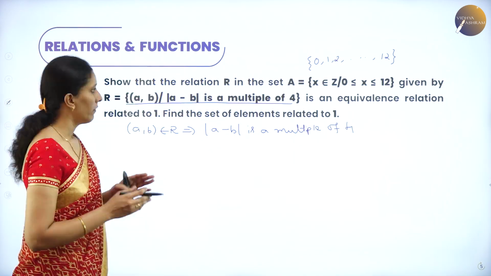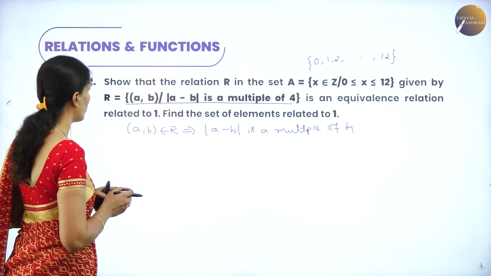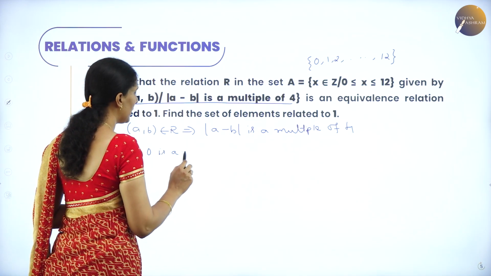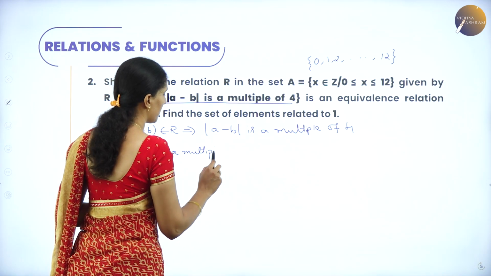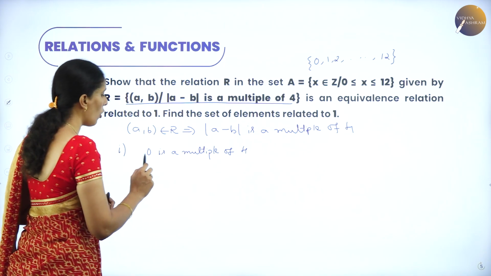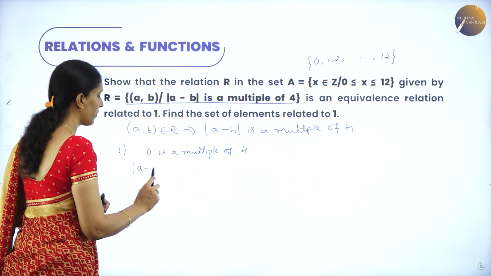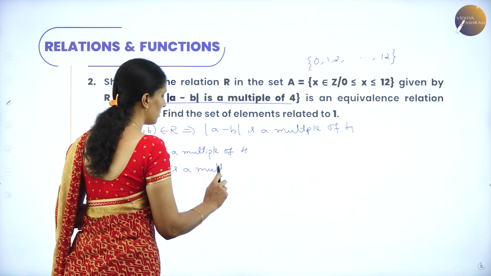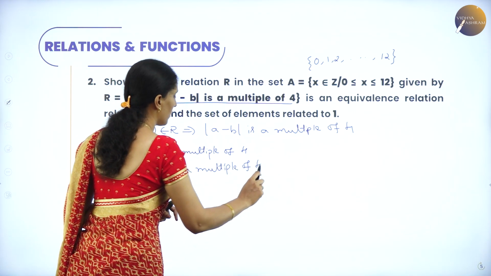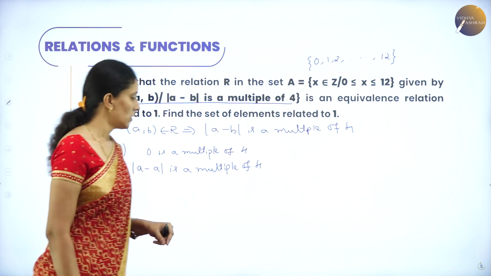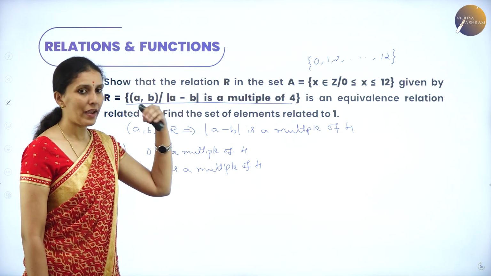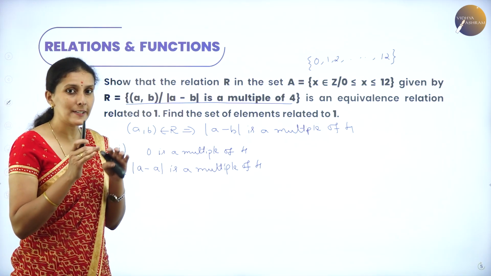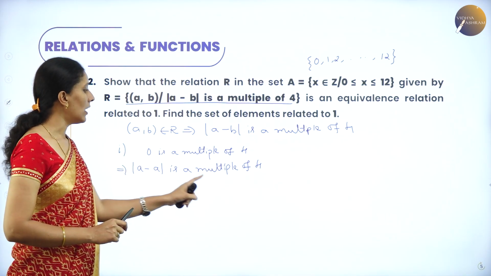So now let us show whether it is an equivalence relation or not. First, I will take 0 is a multiple of 4. So how can we get 0? We can get 0 in the form of mod A minus A is a multiple of 4, because 0 is in the set A. If we have 1 in the set A, then 1 comma 1 should be in the set R. To show that 1 comma 1 is in the set R, we have to show that it is a multiple of 4.